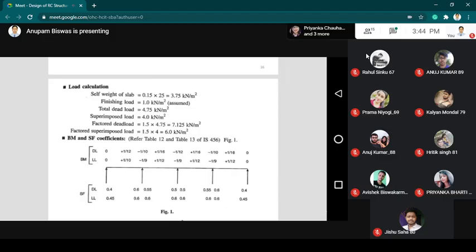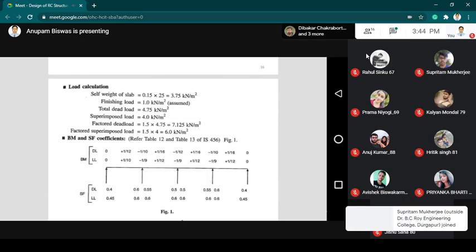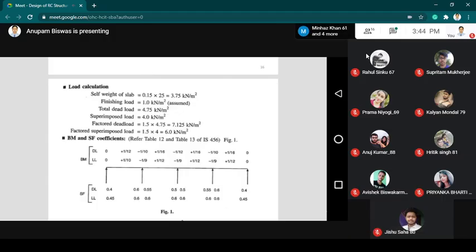whereas the shear force for dead is 4. And for the intermediate support, that is just next to the end support, it is minus 1 by 10 for dead load, and minus 1.9 minimum, and for shear force it is 0.6 for both the conditions, dead load and live load.